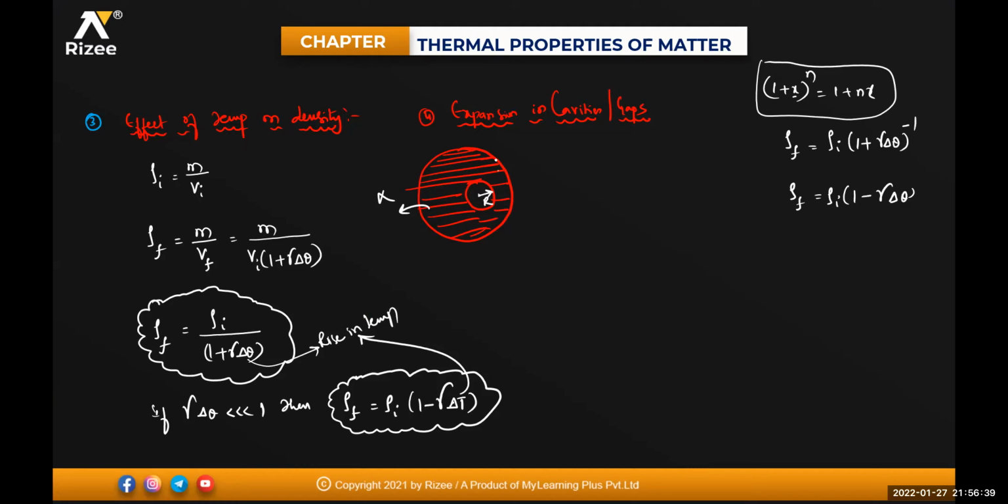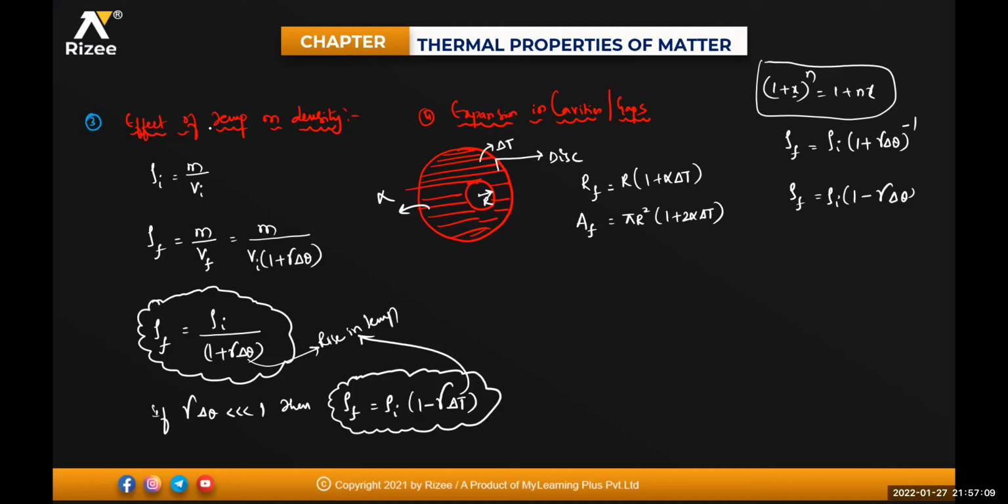Clear? If I consider this one as a disk and you are increasing its temperature by delta theta, then the final radius of this one will be equal to your initial radius R into 1 plus alpha into delta T. And final area will be pi into R square into 1 plus 2 alpha into delta theta.